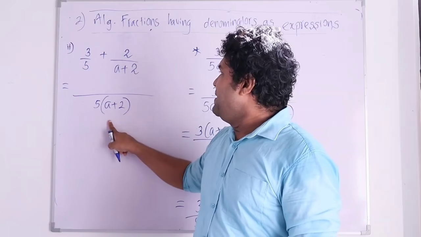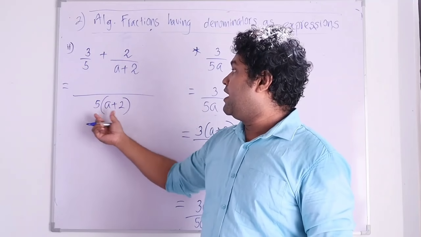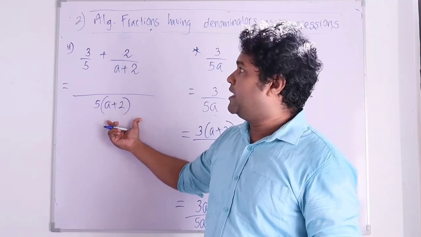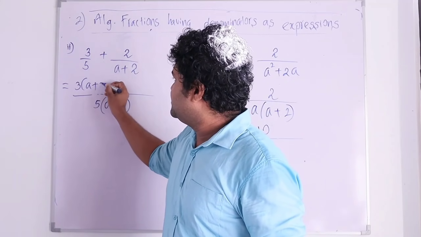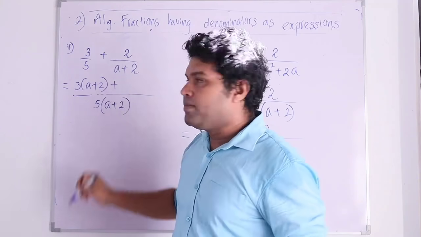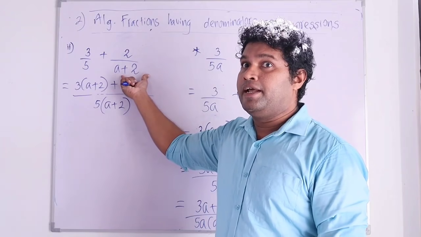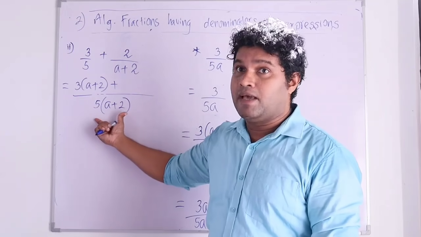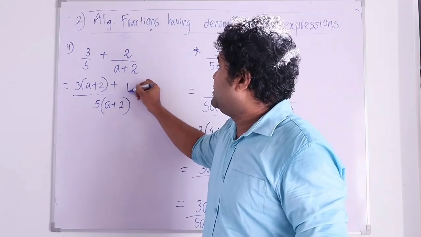Yes, you had 5, but now you have 5 times a plus 2. Then additionally a plus 2 is there, and you multiply by that: 3 times a plus 2, and try to keep plus as plus. Compare the denominator. You had a plus 2. Now you have 5 times a plus 2, and additionally you have 5. Then 5 times 2 gives 10.